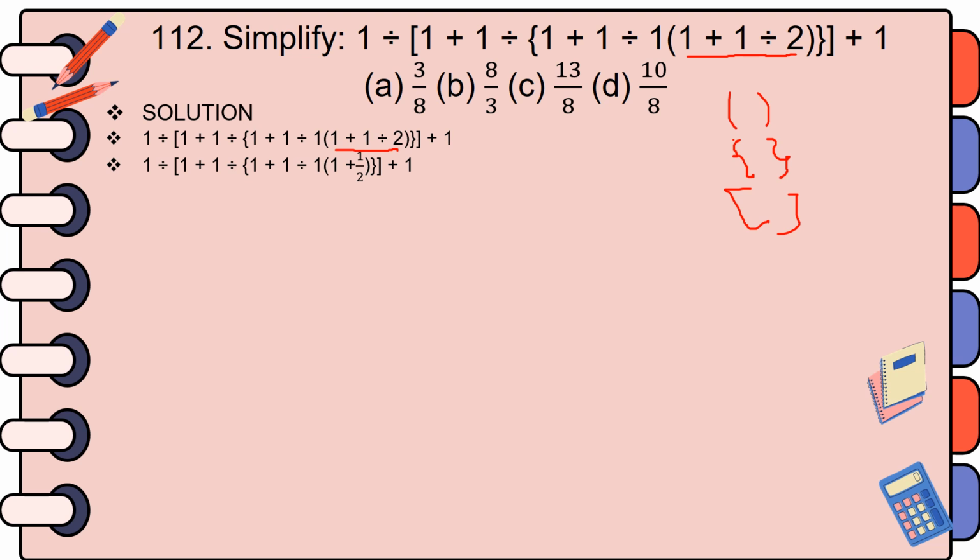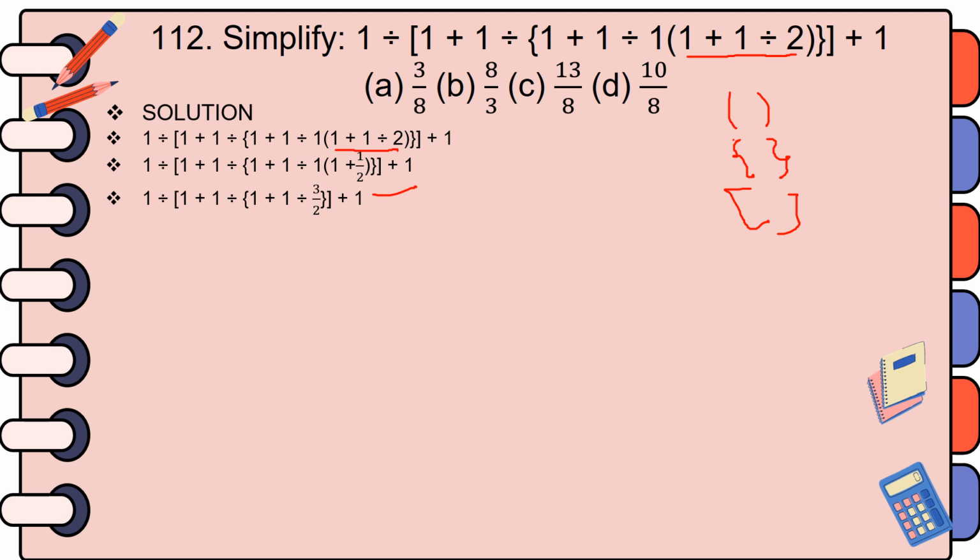And 1 into 1 plus 1 over 2 means simply 1 plus 1 over 2. Then you can rewrite again in such a way. So 1 plus 1 over 2 means 3 over 2.